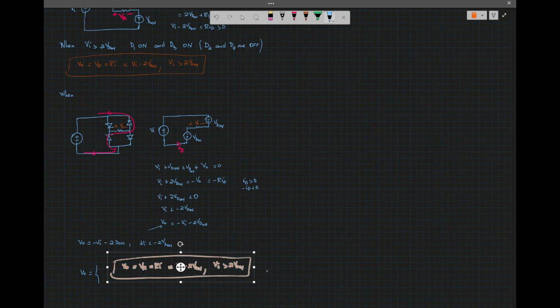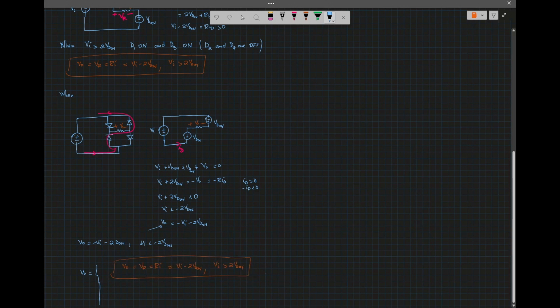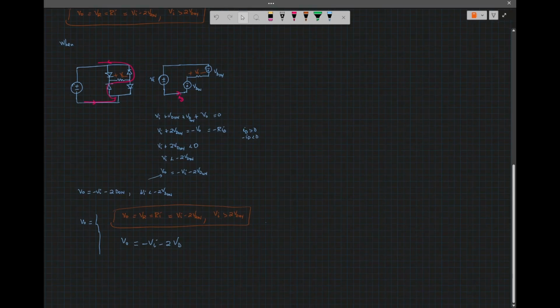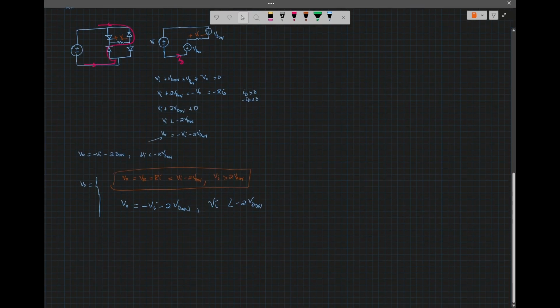So I have that, and then we have the second case, V0 equal to minus VI minus 2 VD on, and VI is less than minus 2 VD on.